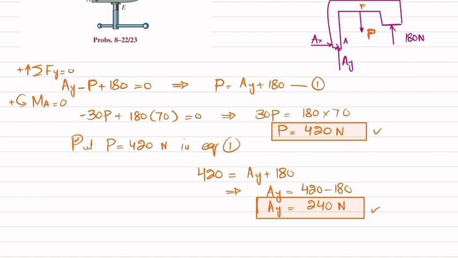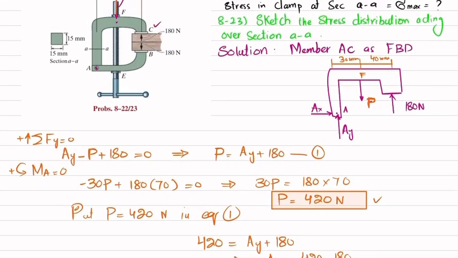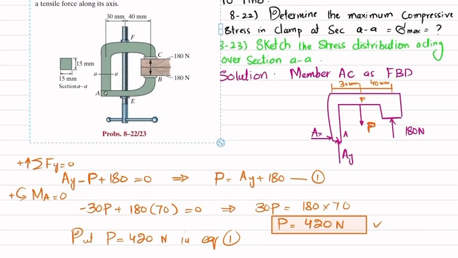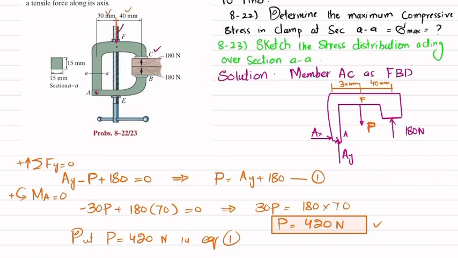So what we will do is cut the section over here. Let me draw it with black color. If you cut it over here, this Ay force will be transmitted over here, and that will be equal to 240 Newton load, clear?